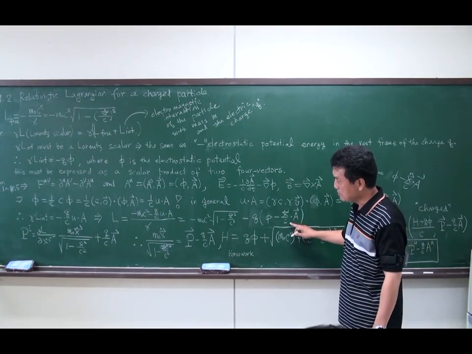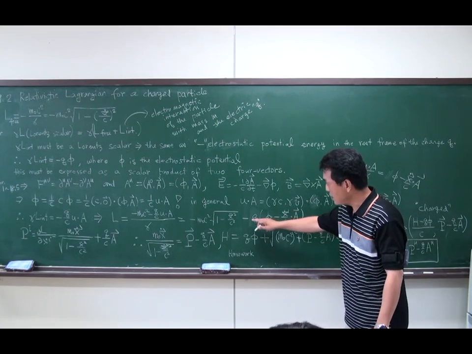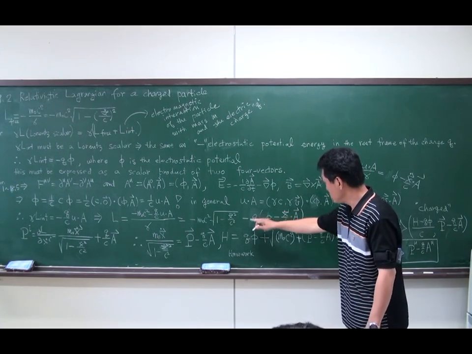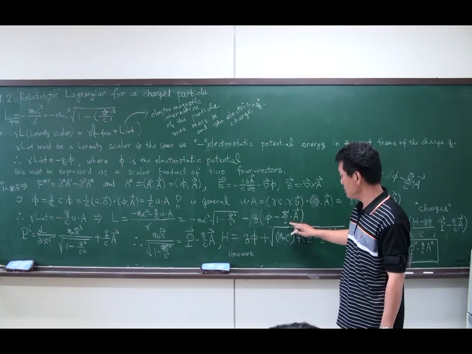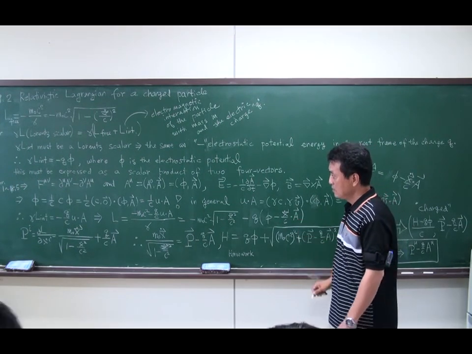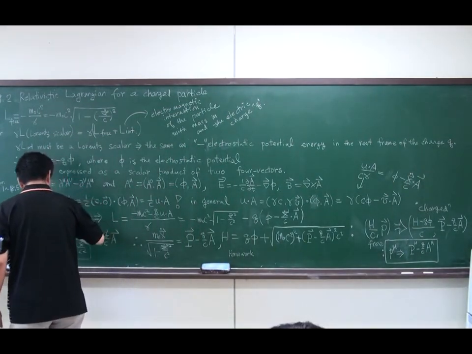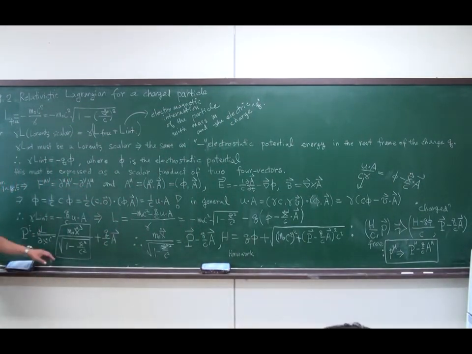Taking this derivative gives plus q over c A. This was the relativistic momentum for the free particle.